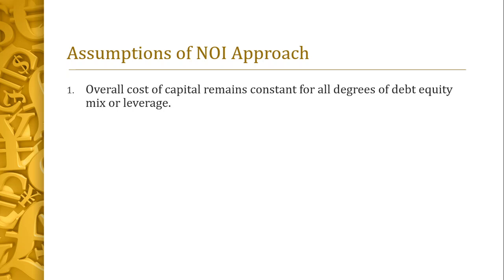Now this is what we had explained regarding why the capital structure decision is irrelevant. Irrespective of what portion it is, the advantage of one is offset by the expense of other. That is why under NOI approach it is assumed that the overall cost of capital, or what we term as K0, is going to remain constant or unchanged.